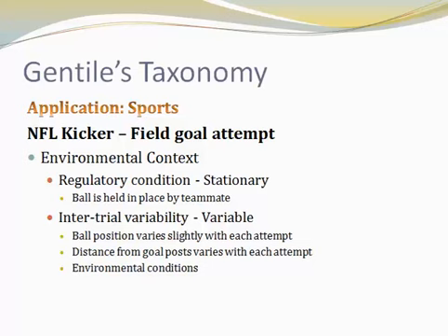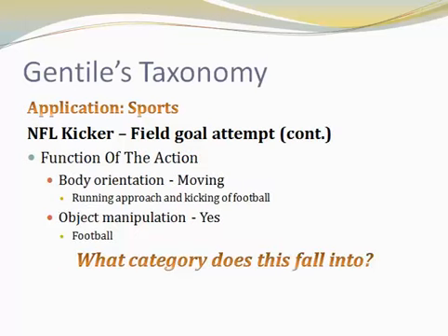If it's windy, maybe there's light rain, or maybe even in some cases snow, that would definitely change maybe the strategy that an athlete would use in order to make a successive field goal. But that falls under our intertrial variability category.